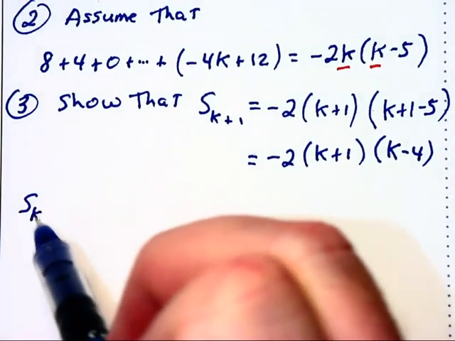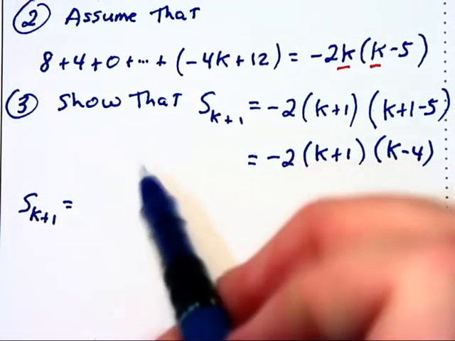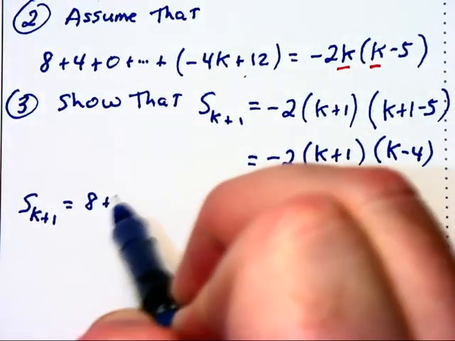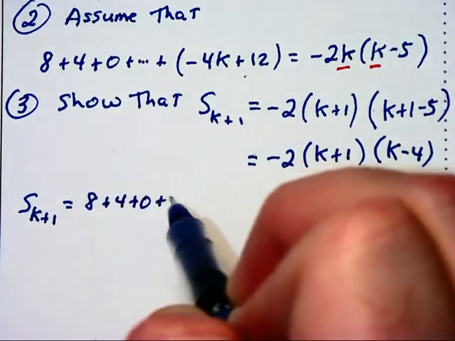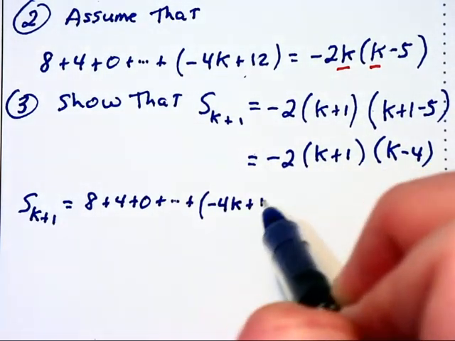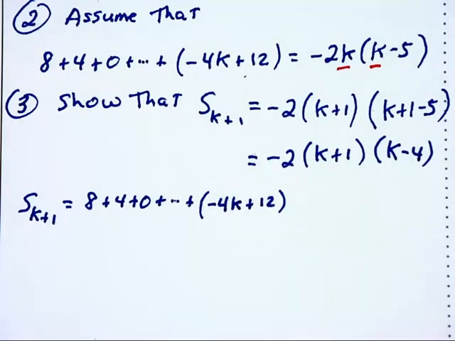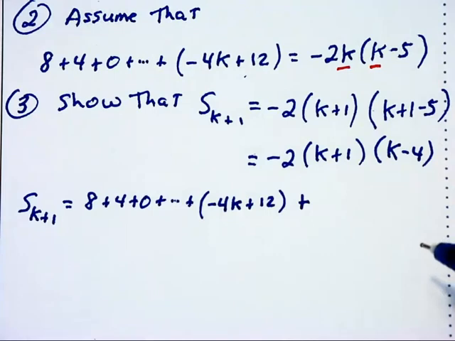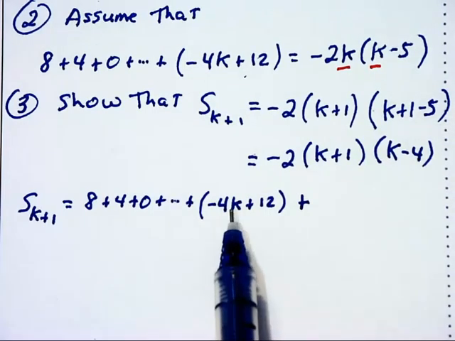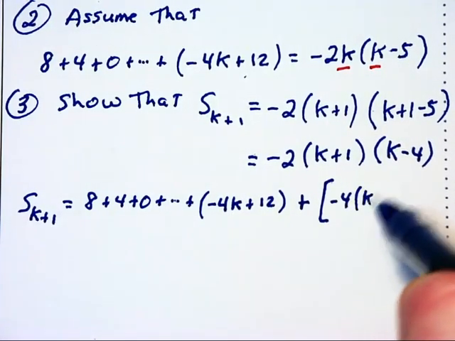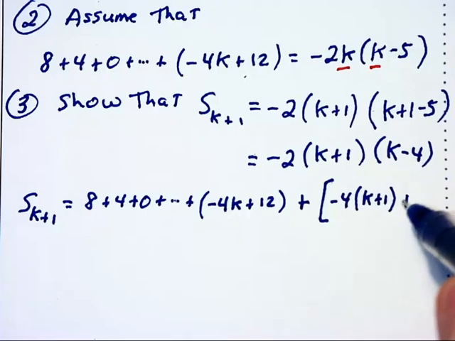Now let's actually go and find s sub k plus 1 manually. S sub k plus 1 equals, well, we're taking the series that we had, 8 plus 4 plus 0 plus ... plus the -4k plus 12. That's the sum of the first k terms, and we are now adding on the k plus first term, which is the term before it with k plus 1 substituted in instead of k. So plus -4 times k plus 1 plus 12.